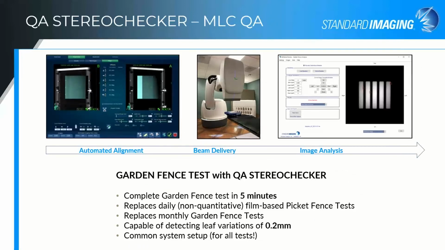We can do the garden fence test, which is the recommended one from Accuray, in about 5 minutes for your MLC QA, and give quantitative results of the leaf positioning. And there we're capable of detecting leaf variations of 0.2 of a millimeter. The other nice thing as we're going through these tests is once you set up the panel, you can just leave it there. It's one setup and you can deliver all of the tests to it, even as you change between cones or iris or MLC.